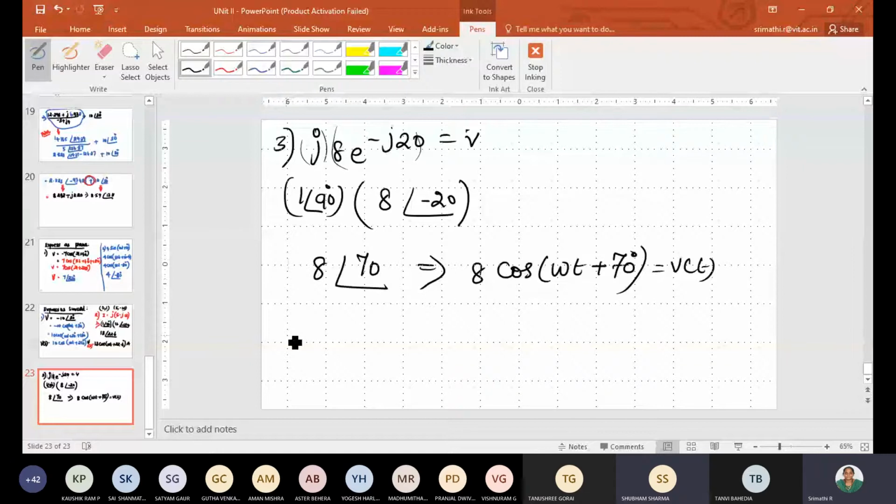Okay. Next, v1 equals minus 10 sine(omega t plus 30 degree) and v2 equals 20 cos(omega t minus 45 degree).